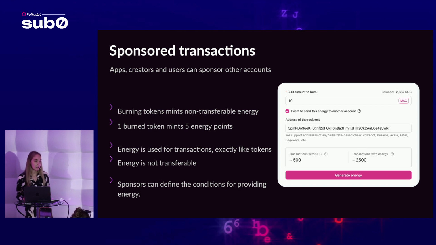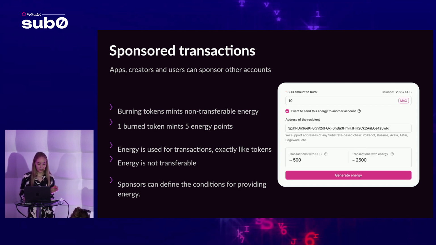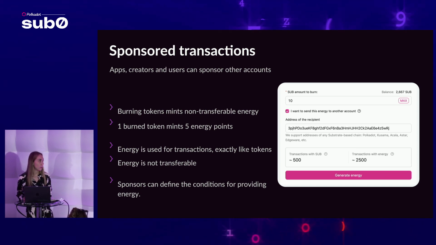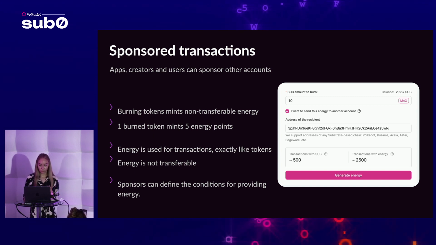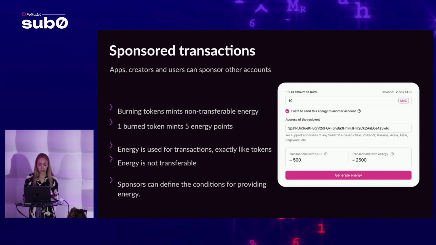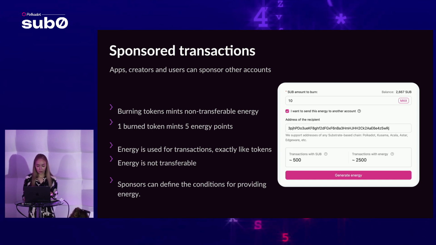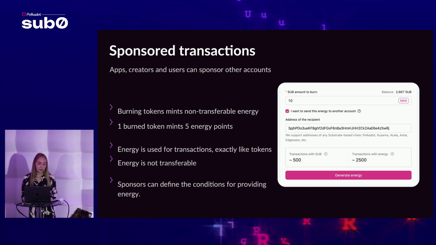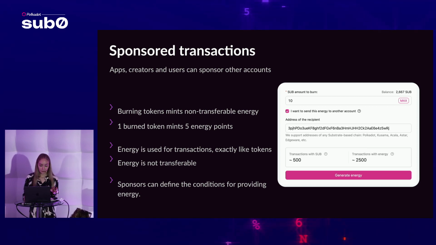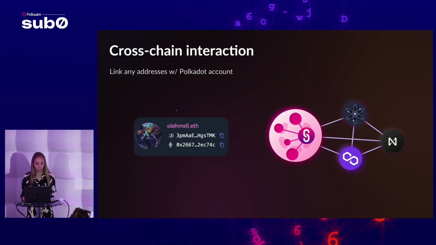This number can be changed with on-chain governance. Energy can be used for any transaction, just like the SUB token, but it is not transferable. It is really important. So when you burn SUB, the energy can be created into any account. Everyone can easily sponsor everyone else's account.